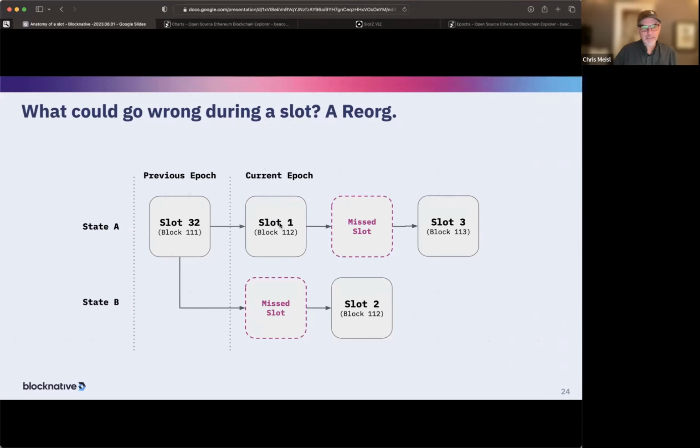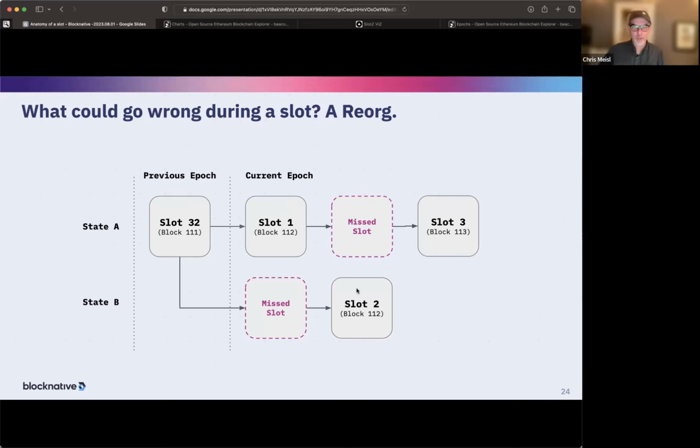Then the next slot comes in, you have a block, it gets proposed, and things start chugging along, but not all the validators see it. Somebody else, the proposer for slot 2, doesn't see this. It didn't get to them.